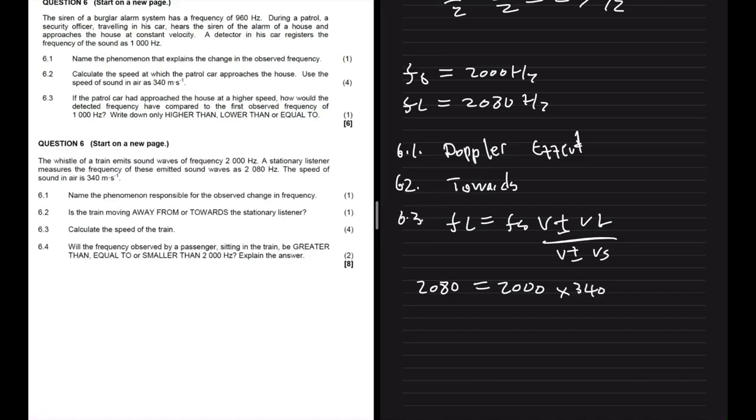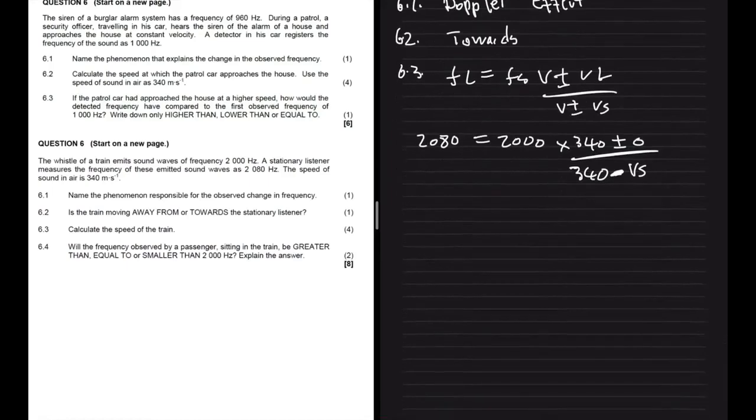It says the speed of the train, so plus or minus 0 here because the listener is stationary. 340 minus Vs. It's minus in the denominator if the sound source is moving towards. If the sound source was moving away, then we would have plus in the denominator.